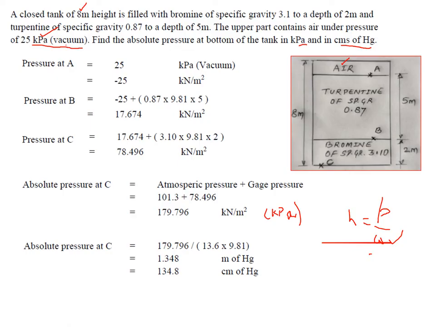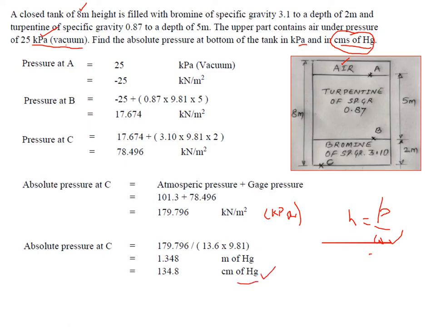So in whatever units you want, you can convert it. If it is centimeters of turpentine, you can divide by the specific weight of turpentine. If you want centimeters of bromine, you can divide by the specific weight of bromine, so that you get meters of that particular liquid.